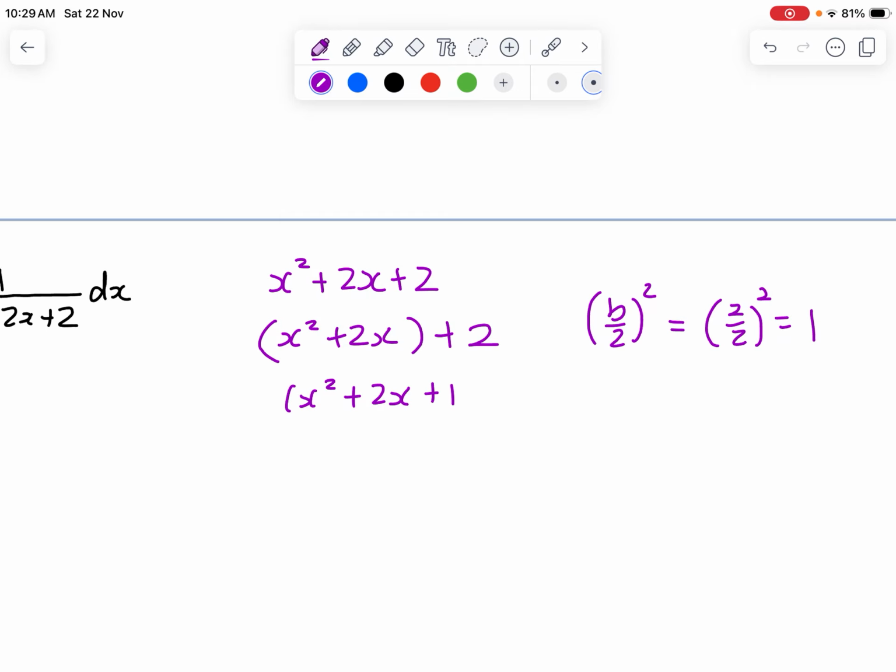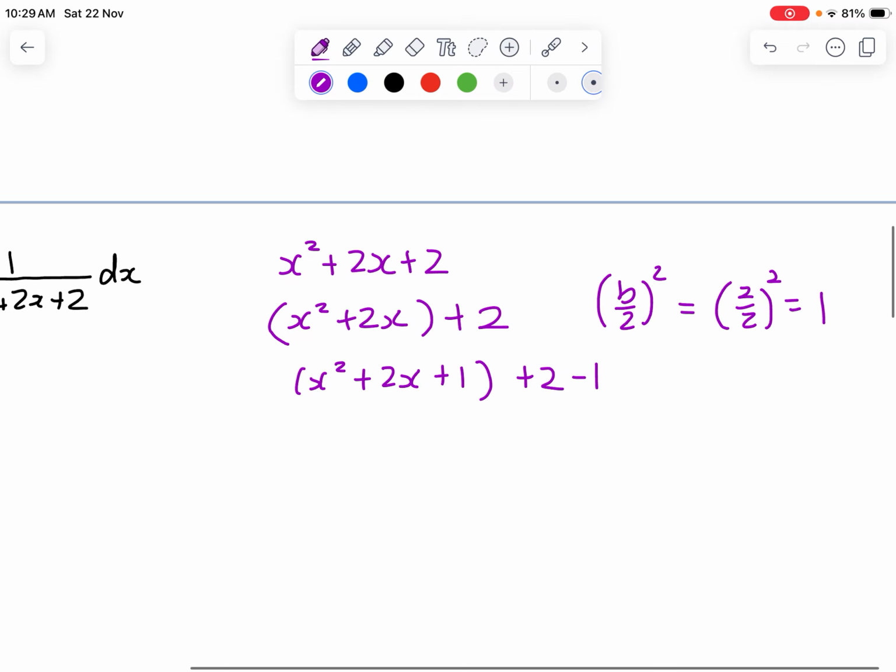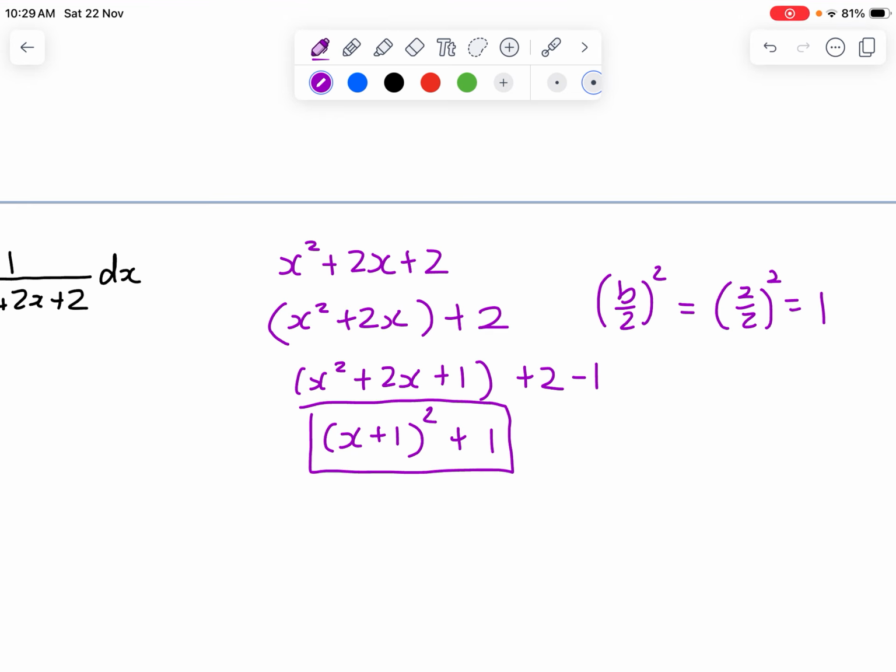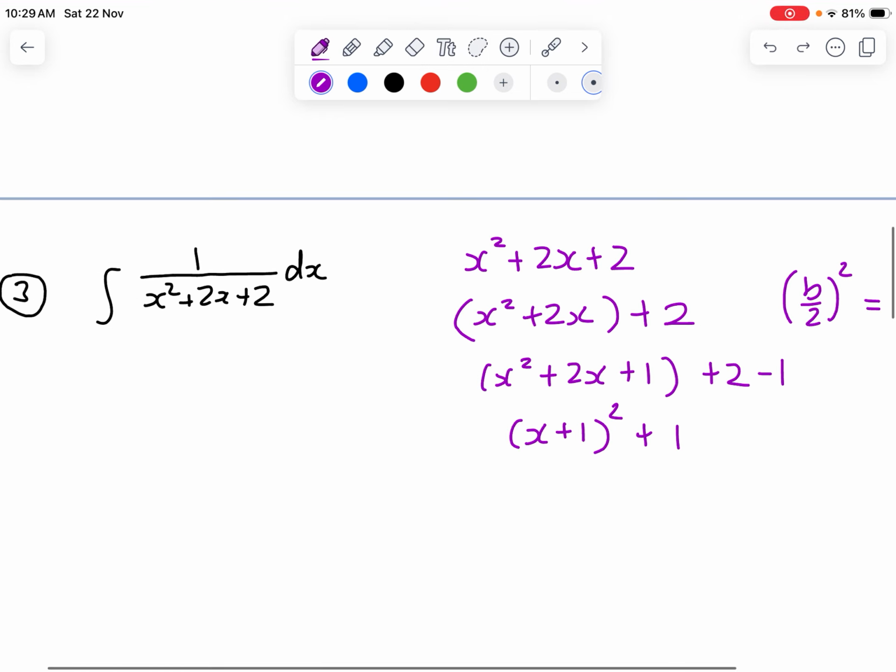So we plus 1 here. And because we plus 1, we got to also subtract it so that it's equal. Okay? And in this function here, you can see if we factor that out, we get a beautiful function x plus 1 squared plus 2 minus 1, which is 1. So this is our new form. So that's how you complete the square.